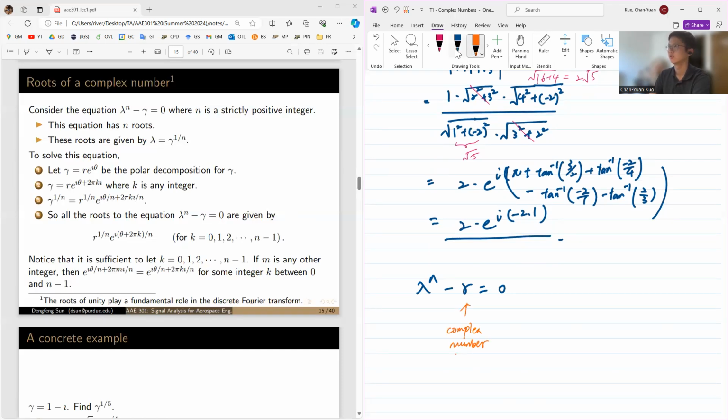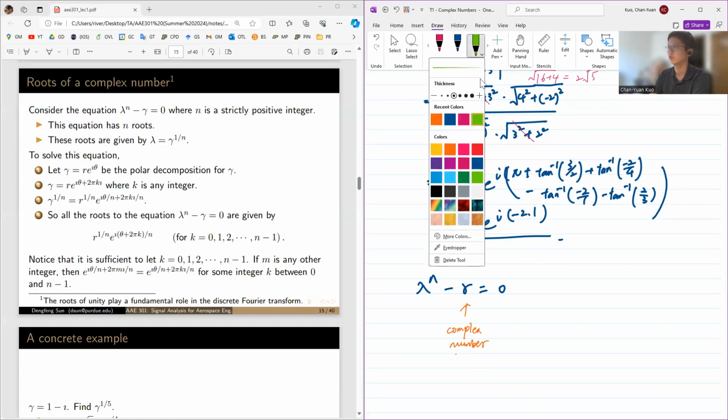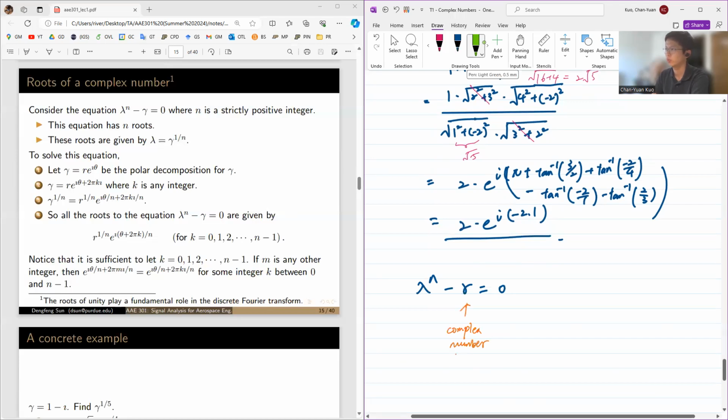And according to the fundamental theorem of polynomials, we know that there are going to be n roots.